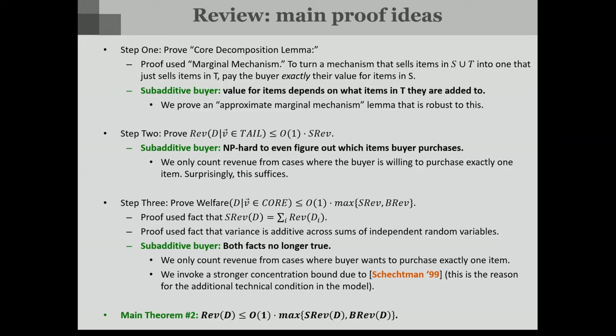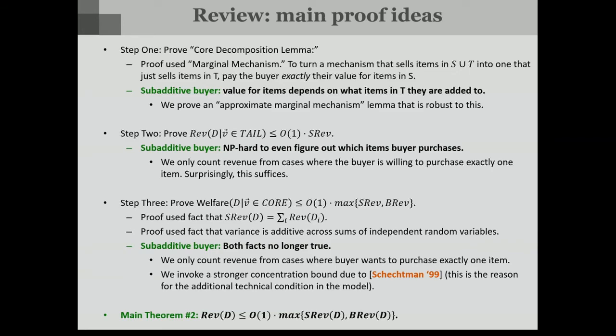How we overcome this is, similarly to how we resolved the issue above, only counting revenue from cases where the buyer wants to purchase exactly one item overcomes the first difficulty. And in order to deal with the concentration, we can invoke a stronger concentration bound due to work of Schechtman, and it applies exactly in the model that we need to get the result.